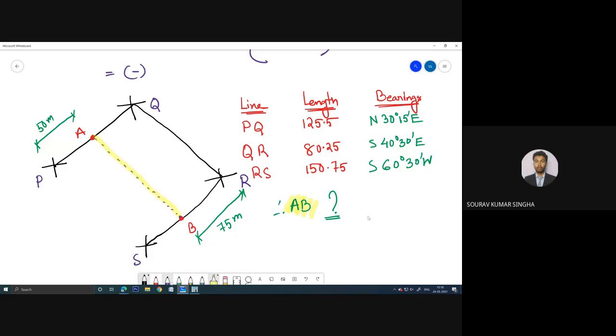Now, what we can do, Rajdeep, what do you think? How can we solve this numerical? Devojyoti, is there any idea? Should we start from some particular portion, some point like S? Exactly.